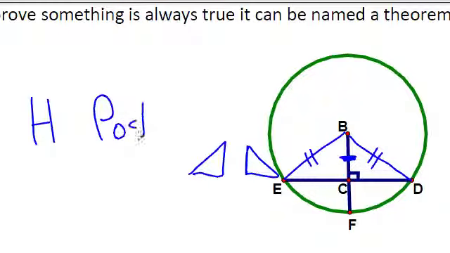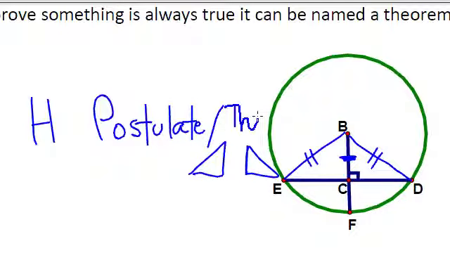So I kind of gave you a hint earlier. There's going to be a postulate, and you can refer to it as a theorem, but it would be more of a postulate because we know it to be true.